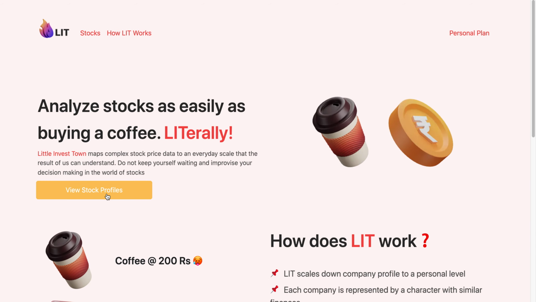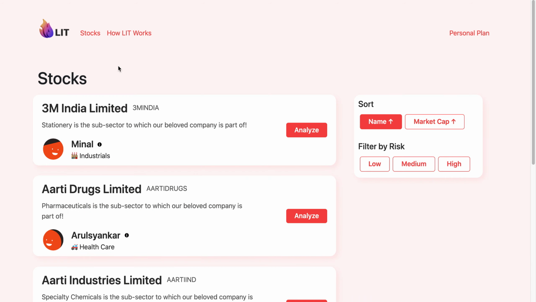Now let's move on to the main functionality, where we view stock profiles, which consist of the stock list that is listed within the stock market. We have taken this list from the NSE website. Along with it, we have provided filters where you can sort by name and market cap in ascending or reverse order.